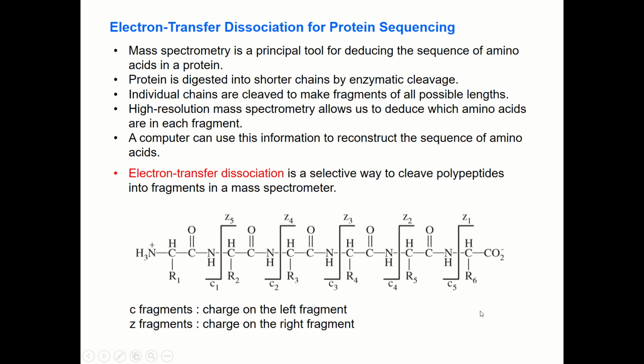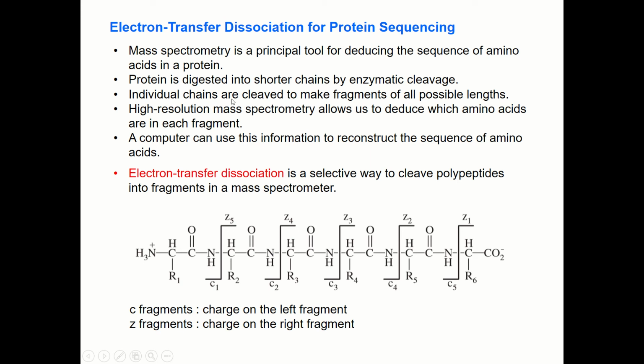And then there are many fragments. With the mass spectrometry, we get the mass of each fragment, and using the computer, this is like a puzzle. Puzzle matching, right? With the obtained information, the computer automatically finds the correct sequence.